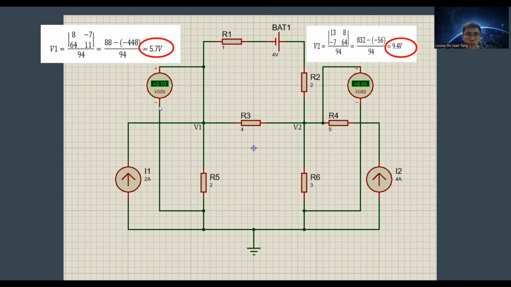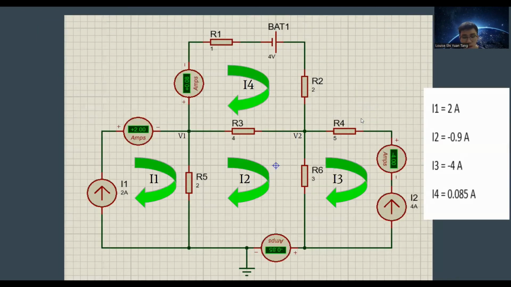In Proteus, we get 5.7 volts for V1 and 9.45 volts for V2. In manual calculation, V1 is 5.7 volts and V2 is 9.4 volts. It's not much different.